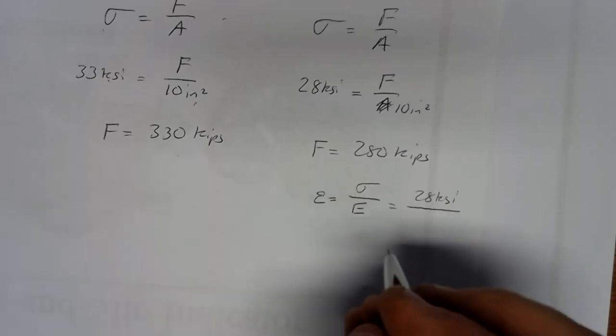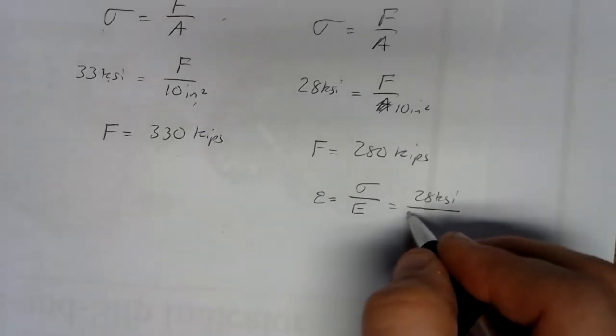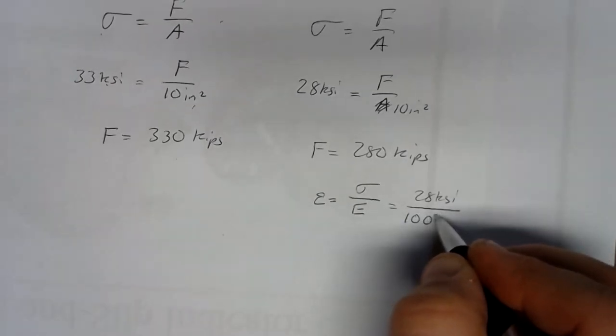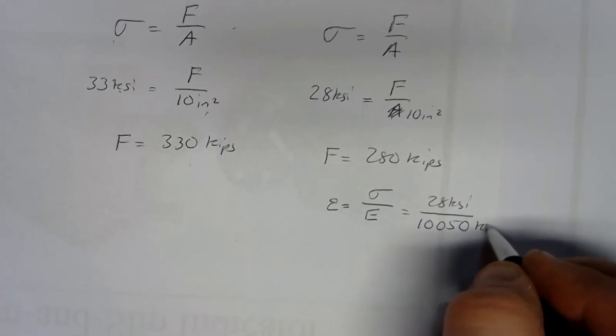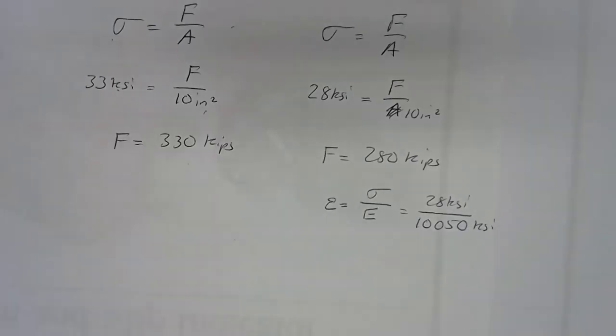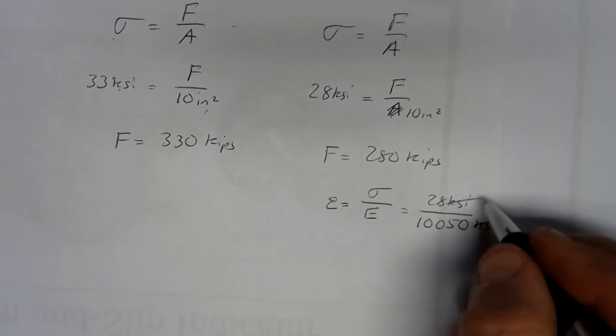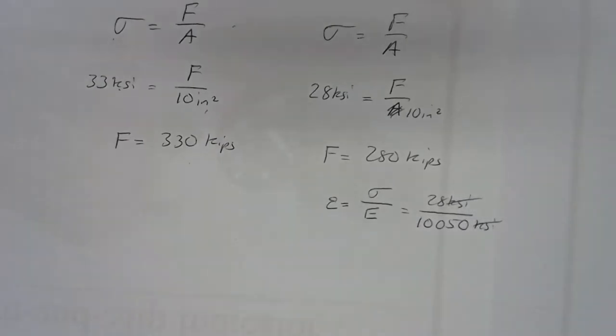And for 5052 aluminum, in KSI, it's 10,050 KSI. So this is right at the yield point. This is as stretched out as it can get without permanently stretching out. Well, if we divide that through, we've got 28 divided by 10,050.